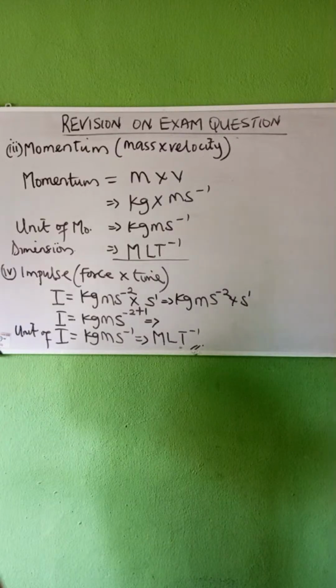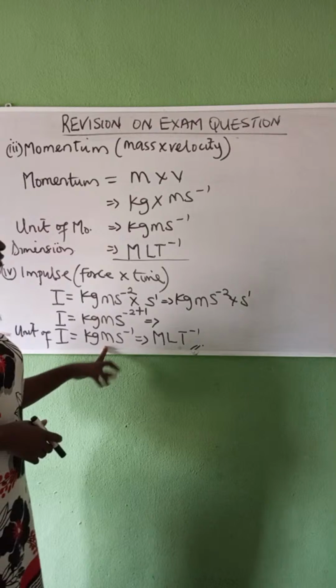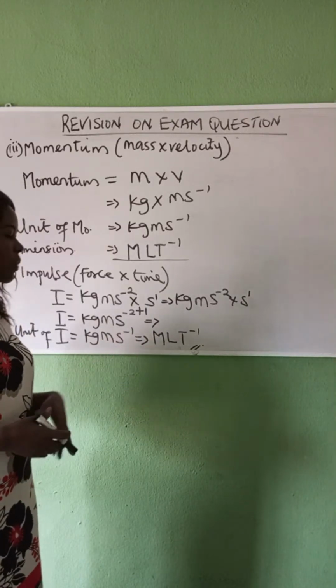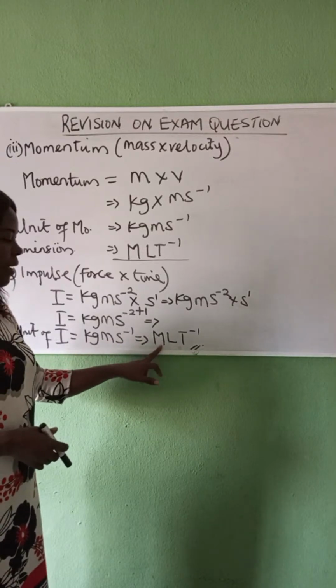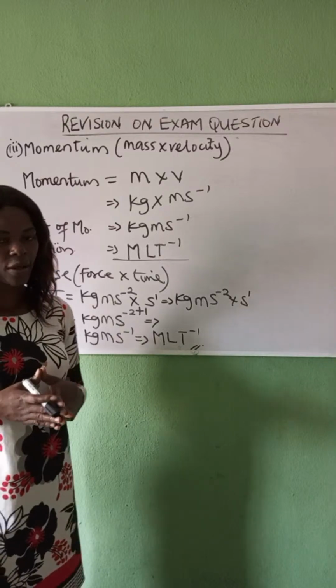Now, for us to get the dimension, kilogram is unit for what? Mass. Meter is unit for what? Length. And seconds is unit for what? Time. So we have MLT to the power minus 1. Is that clear? All right.